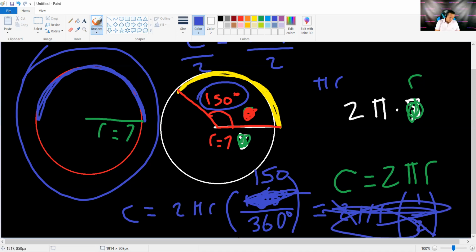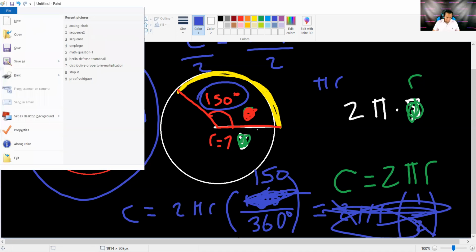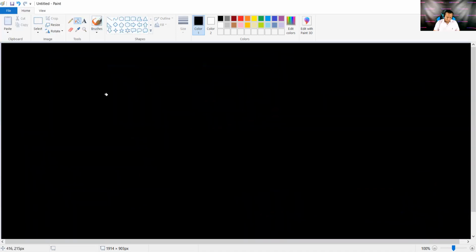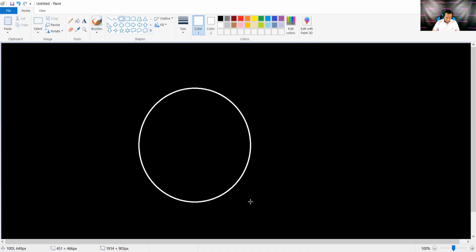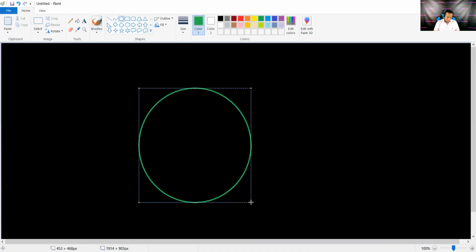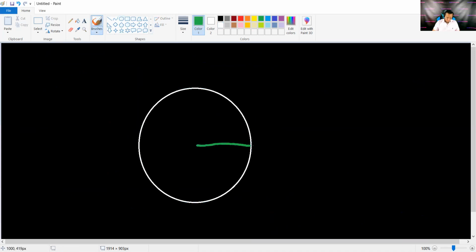So because it got messy, I'm going to rewrite the entire problem and explain it. If you have that circle, the radius is 7. I wrote it backward, but whatever. You want to find out this arc, and you know this angle is 150.